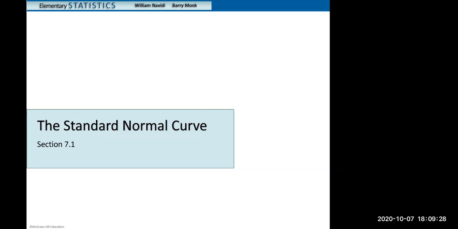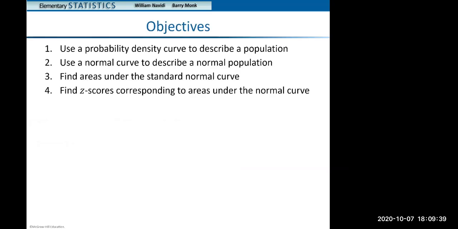We're going to discuss the first 4 sections. So tonight, 7.1 and 7.2. Section 7.1, the standard normal curve. These are the objectives. Number 1, use a probability density curve to describe a population. The second, use a normal curve to describe a normal population.